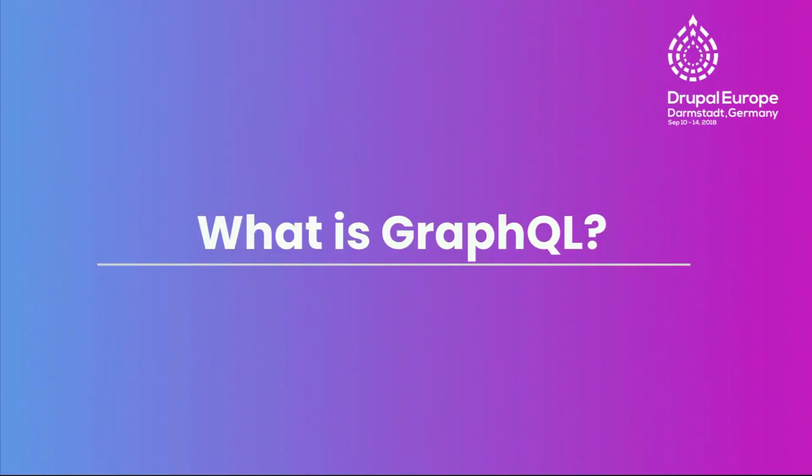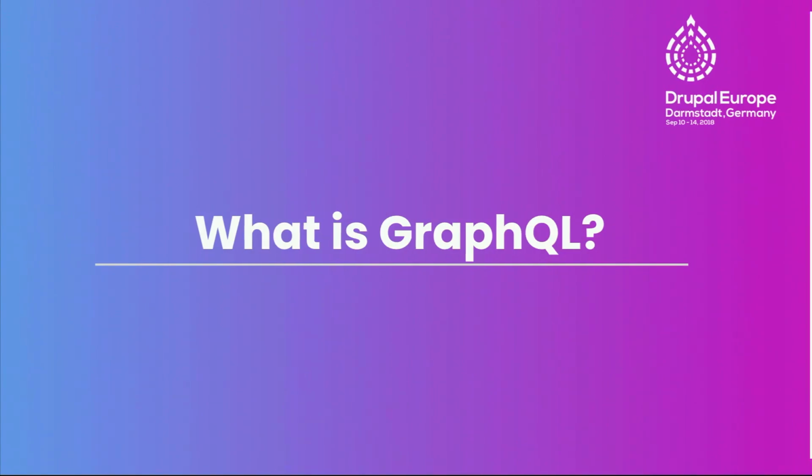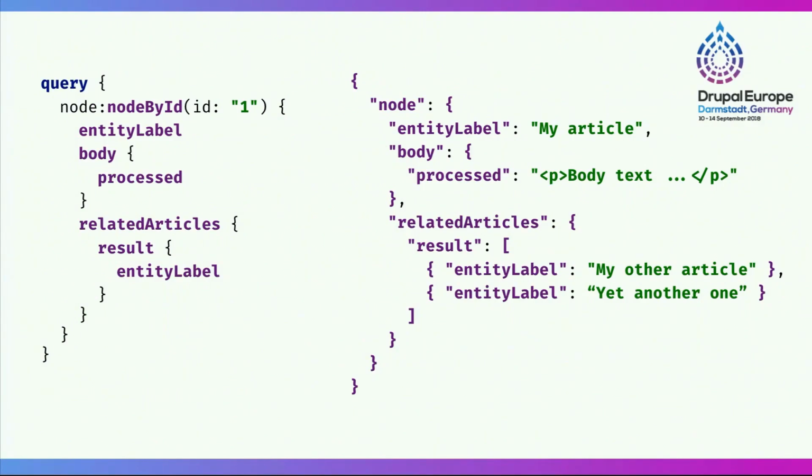So let's start with a quick introduction. What is GraphQL? By example, what we see on the left here is a GraphQL query that you could send to your Drupal server, and it will respond with this JSON object on the right.